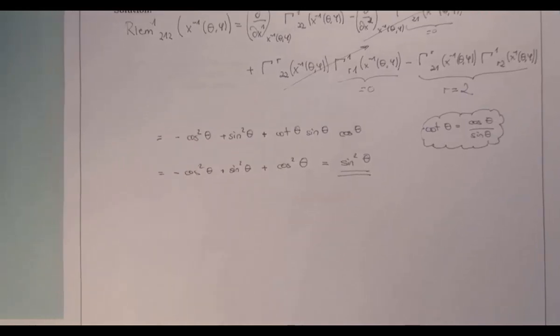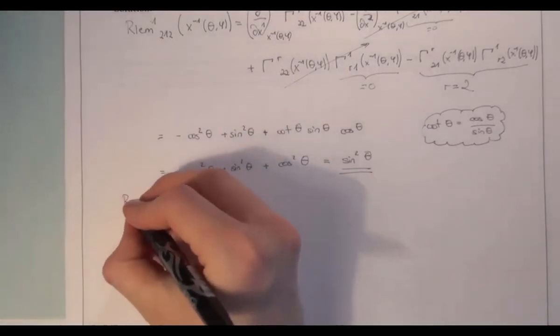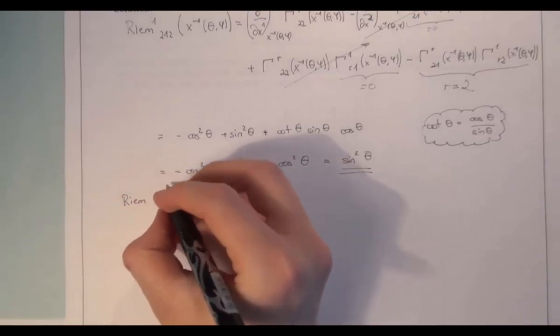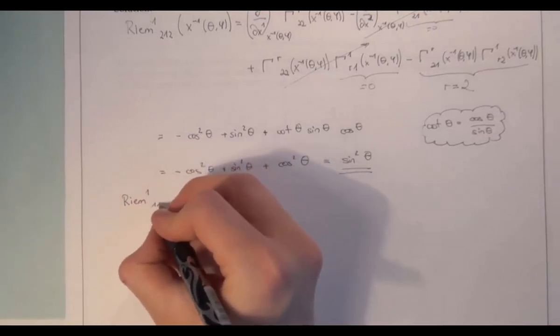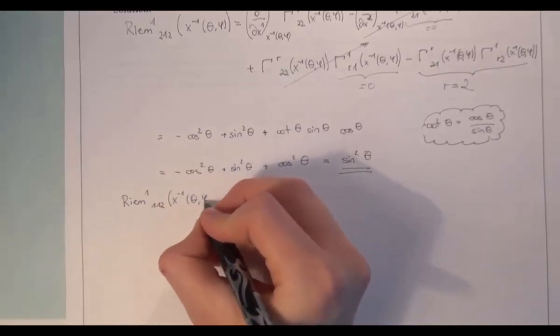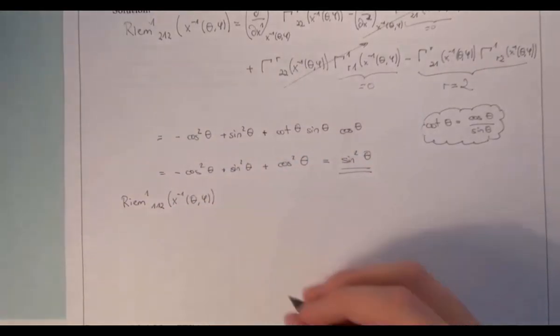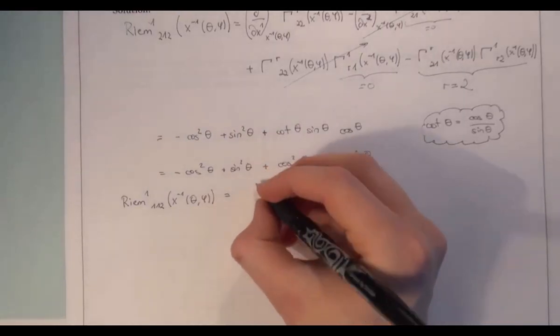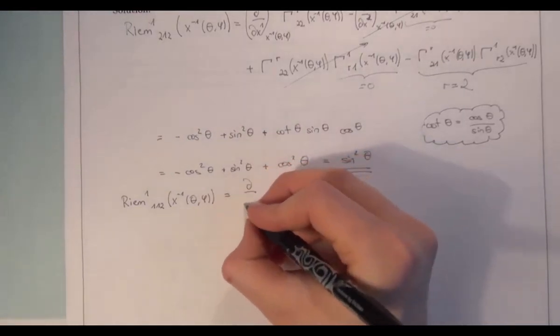And the question asks us now to also calculate Riem of 1, 1, 1, 2, of course also evaluated at x inverse of theta and phi. So we have to play the same game again.